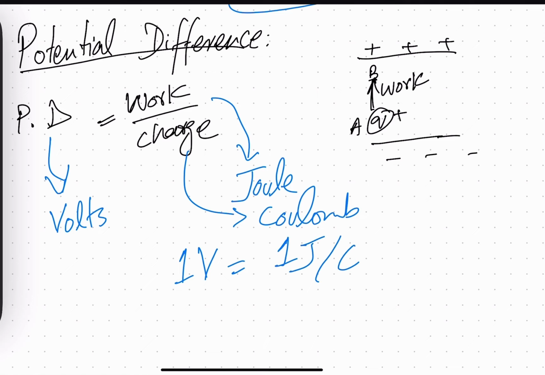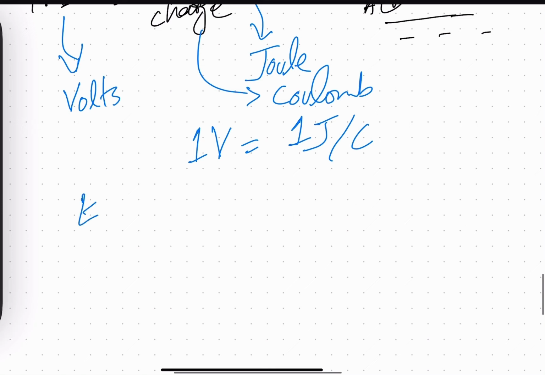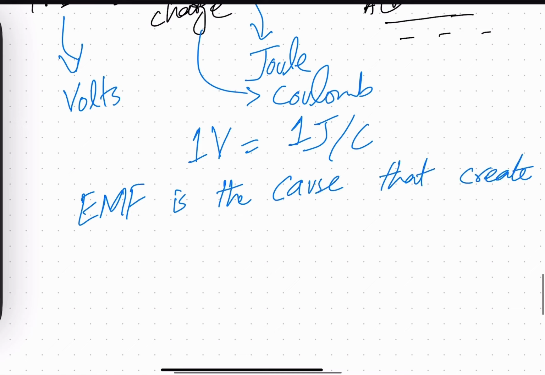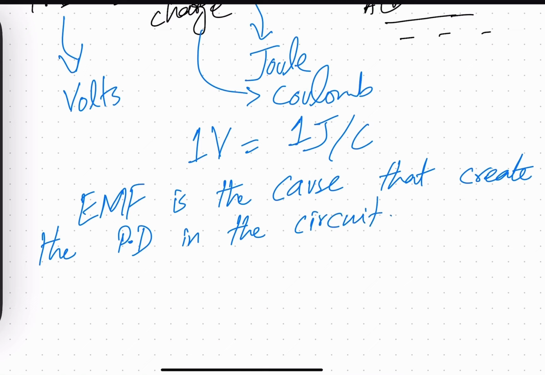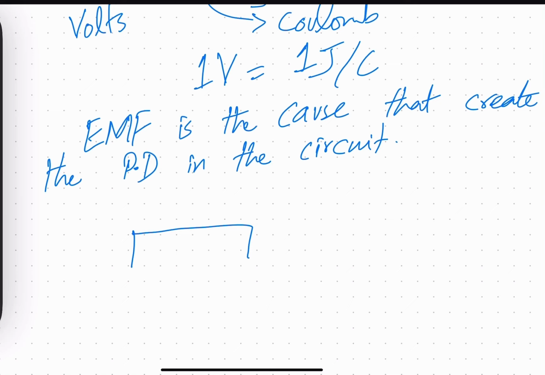Okay, so it's more or less the same, but you should know EMF is the cause that creates the potential difference in the circuit. If there is no EMF, there will be no potential difference, but for EMF, potential difference is not required. Why? Let's suppose you have a battery with terminals, this is positive and this is negative, and it has a 12 volt EMF.